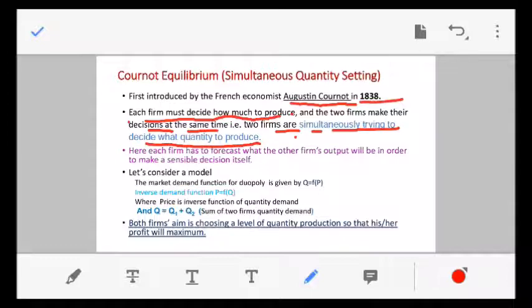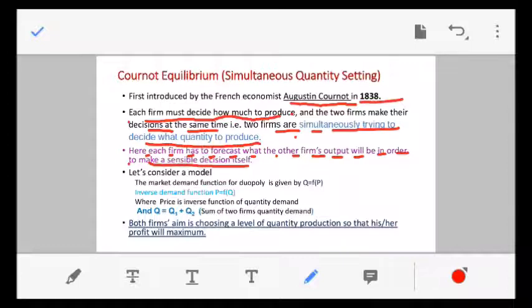To decide how much to produce, every firm has to forecast what its opponent will do. That is, each firm has to forecast what the other firm's output will be in order to make a sensible decision itself.